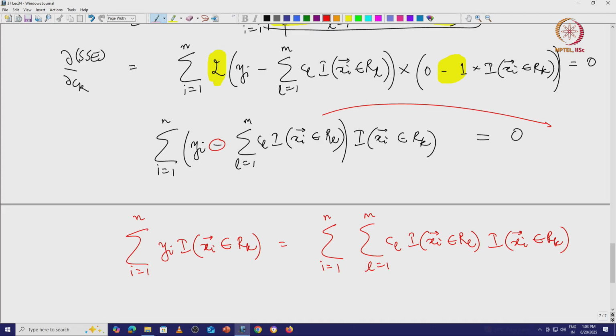Okay. And now these are the optimal choices, so I will put a hat on top of it. Now the interesting thing to note here is that this is the product of 2 indicator functions, right, and then l is going from 1 to m, and one of the indicator functions is always for the kth region.